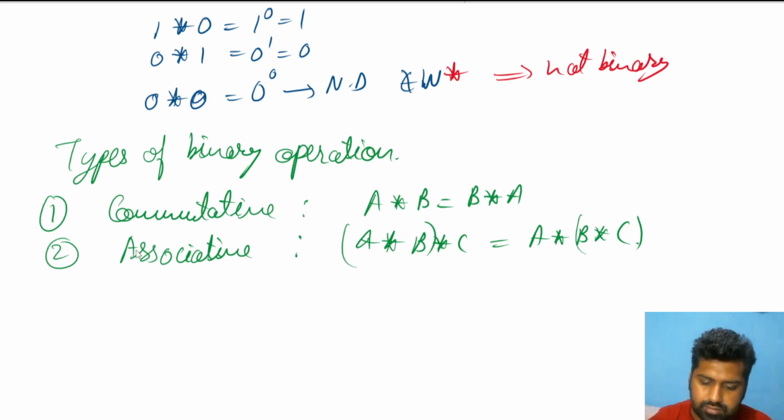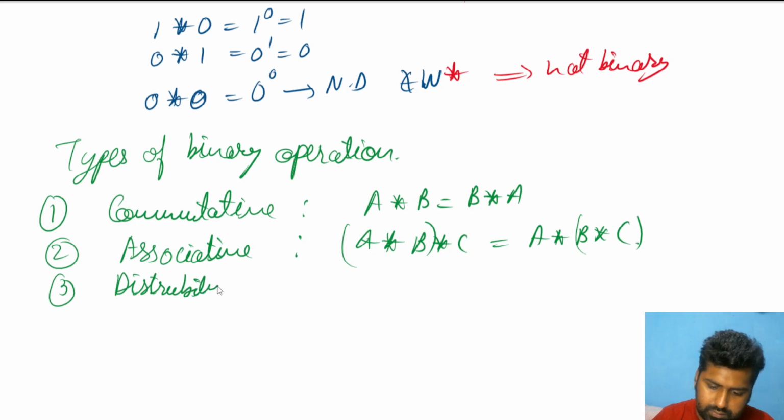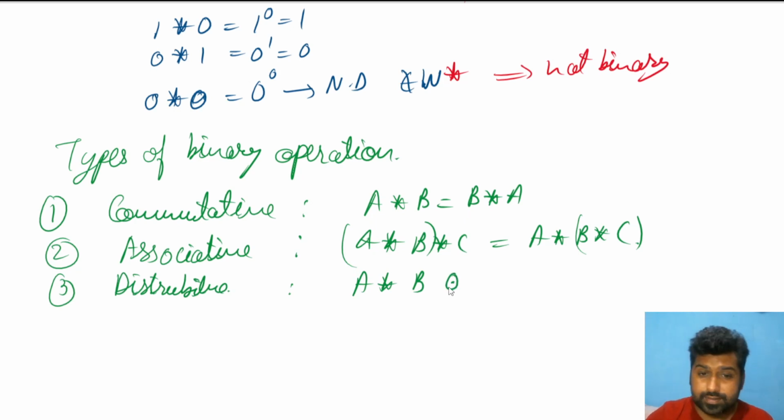And then you have the distributive. For distribution there are two operations involved, because we have to distribute one operation over the other. One is, let's say, star, and one is like this. I'm just using random symbols, so don't worry about the meaning of this symbol. Both are binary operations. I cannot put star for both because star would imply it is the same operation. No, these two operations are different.